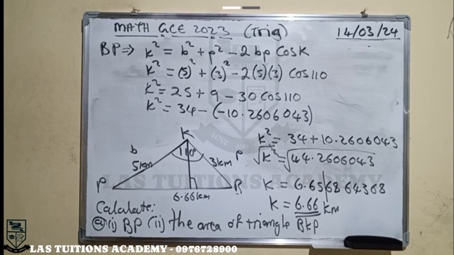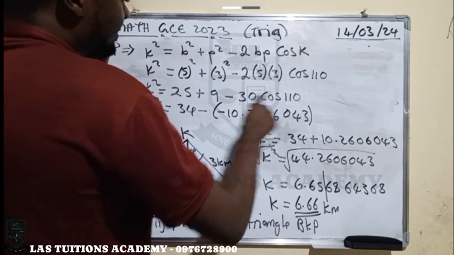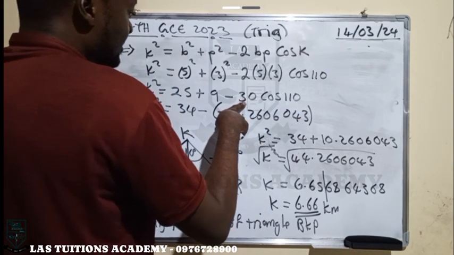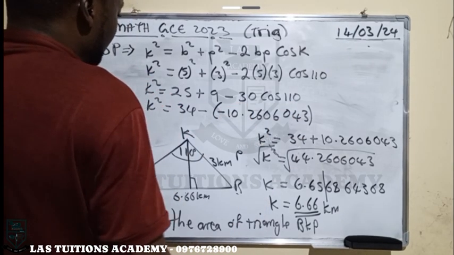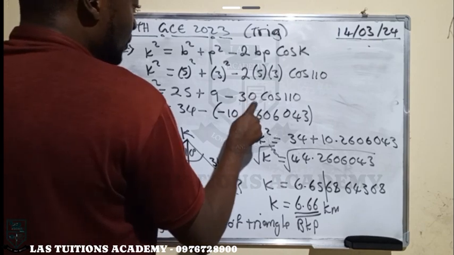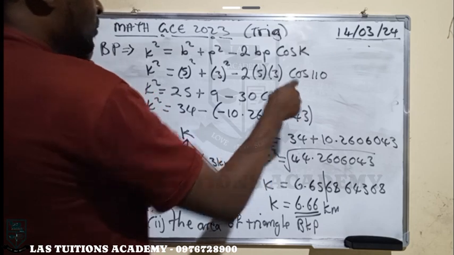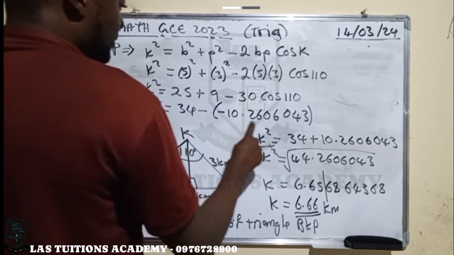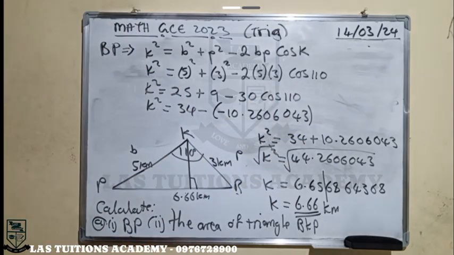So this is cos 110 times 30. Do you have a calculator with you? Yes, so you do cos 110, then you multiply that by 30, and it's going to give you this. Okay, thank you. Any other question?